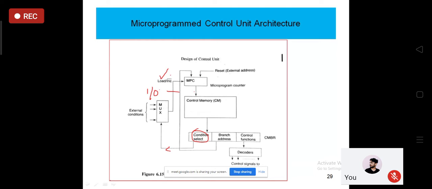Now, if it is 1, the load operation is going to happen. What is going to be loaded? You can see this MPC means the microprogram counter. You have seen the PC, right? The program counter, but this is related to the small control memory, and this is the microprogram related concept. So it is the microprogram counter. The microprogram counter is going to be loaded with what? Can anybody please tell?